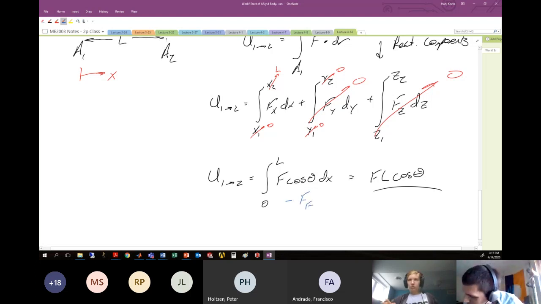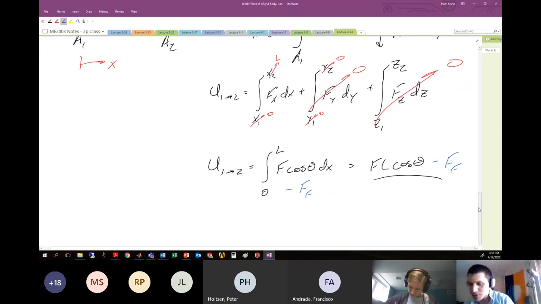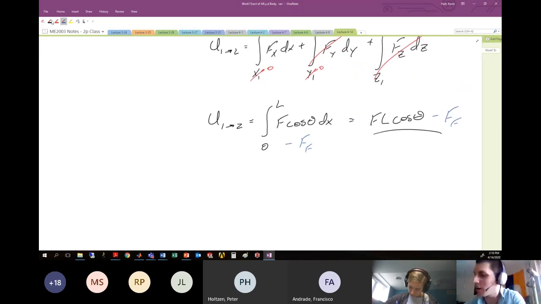So you would subtract off the friction force, which would be minus whatever the force of friction is, typically mu k times the normal force. All right, so that's the general idea for how we would incorporate frictional force resisting the motion of that particular box. Now, this is all our linear forces creating external work.